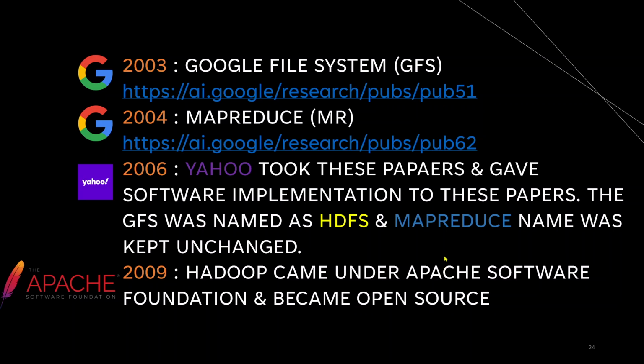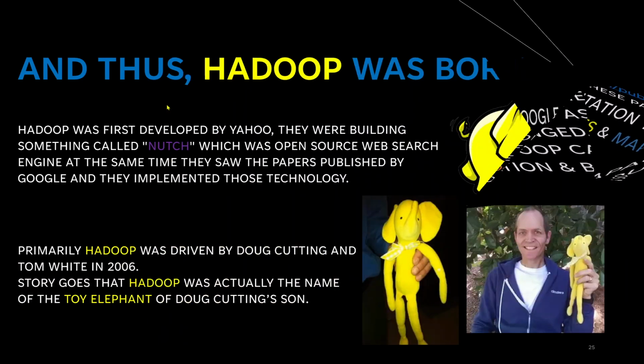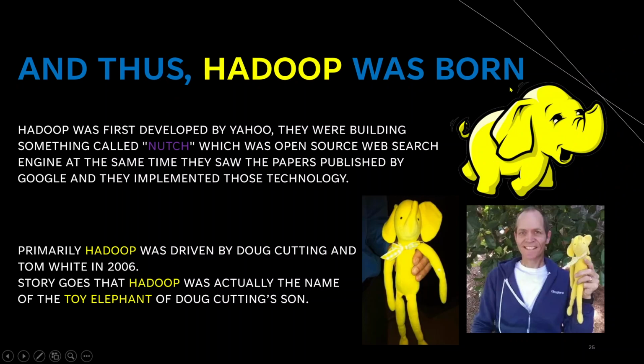Okay, beautiful. And thus Hadoop was born. It was actually developed by Yahoo, but during that time they were building a search engine, an application called Nutch, with some engineers working on it. It was the search engine of Yahoo, open source software. At the same time Google published these white papers, and Yahoo thought, why not, let's give it a try.